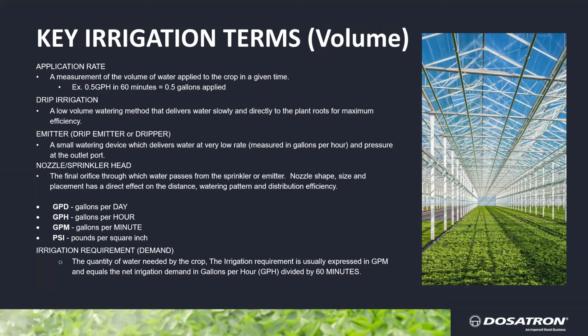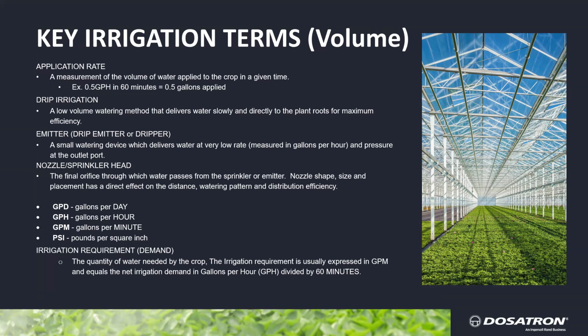Through that, we find drip irrigation is our next term. And drip irrigation is a low volume watering method that delivers water directly to the plant's roots for maximum efficiency. That ties into our next two terms, which is how do we apply that?